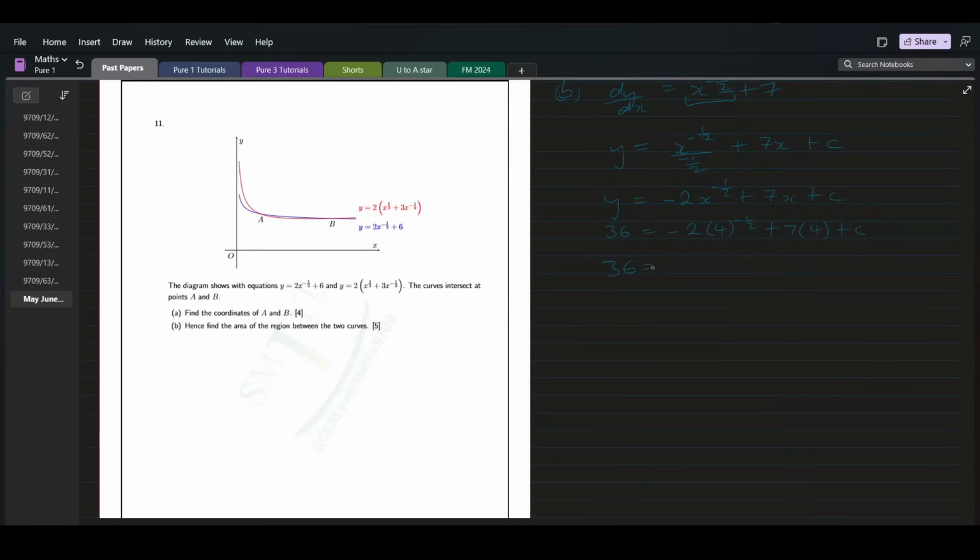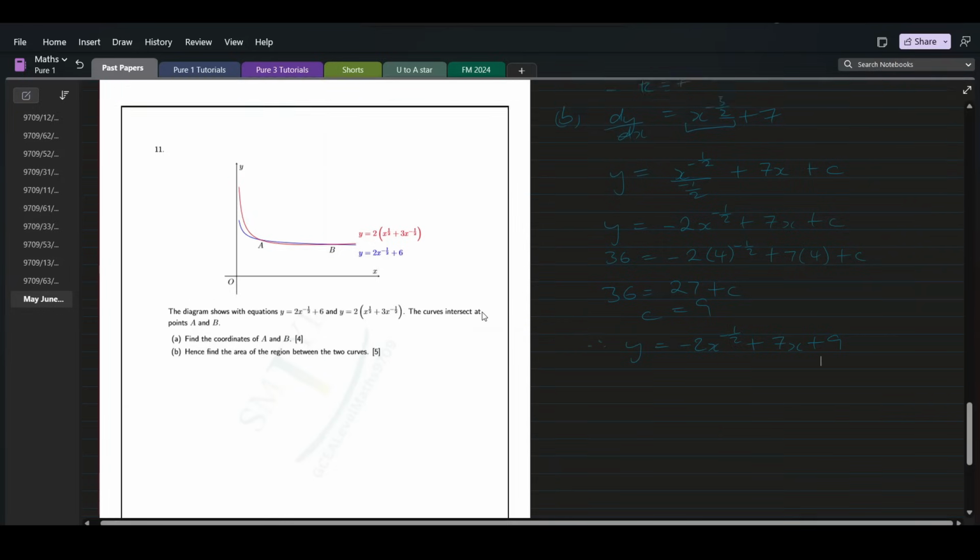So 36 is equal to negative 2 times 4 to the negative half, plus 7 times 4, and that gives us 27 plus c. So c is equal to 36 minus 27, which is 9. Therefore, we can conclude that the equation of the curve is y is equal to negative 2x to the negative half plus 7x plus 9. And that will be the final answer for part B.